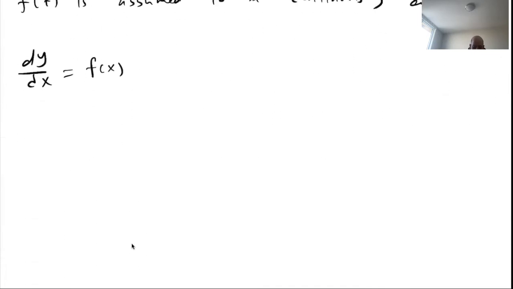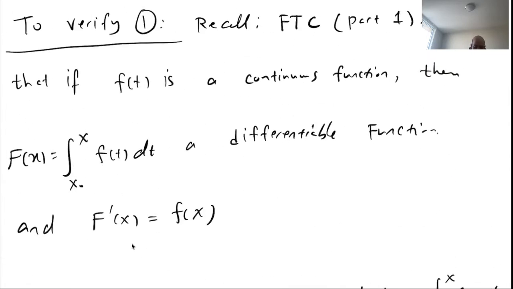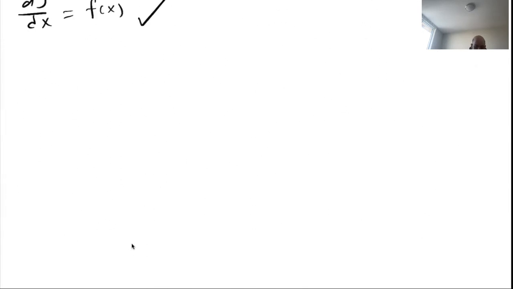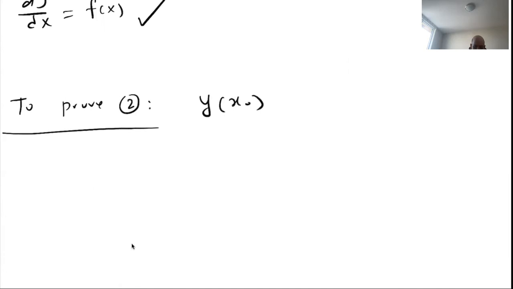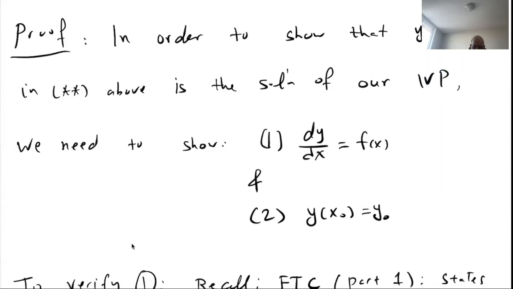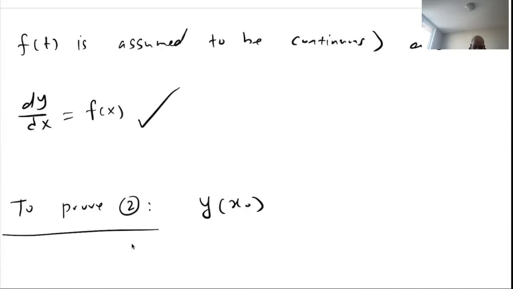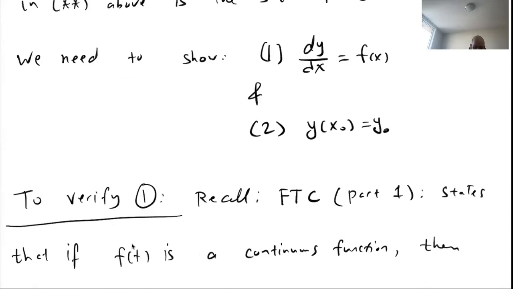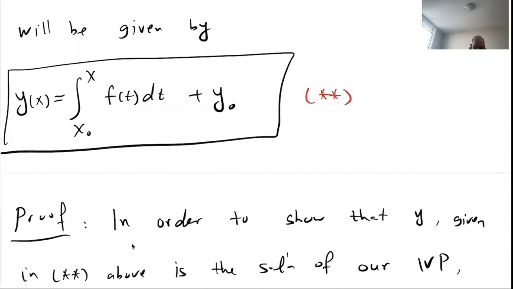Okay, so we showed that dy/dx equals f of x, which was our first goal. And to prove the second condition, we need to calculate y of x0. We need to show y of x0 is y0. y of x0 is easy to calculate. Here, y of x is the integral from x0 to x of f of t dt plus y0.